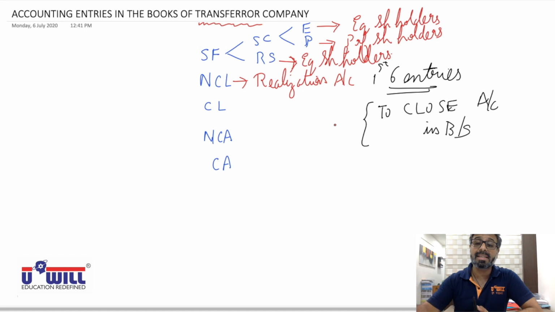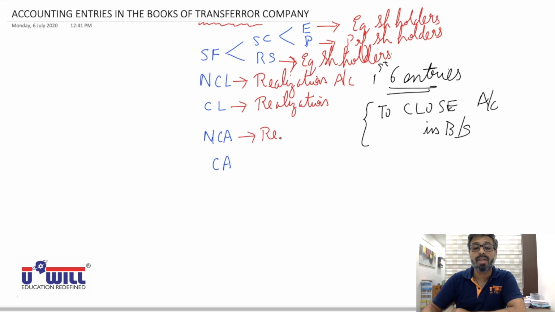Because you are going to sell the assets, so money is going to be realized from sale of assets, which will be used in paying your liabilities. Hence, the account prepared for realization of assets and payment of liabilities is called realization account. Current liabilities are all third party liabilities, so again it will be closed and transferred to realization account. Non-current assets will be transferred to realization account, and current assets will be transferred to realization account.